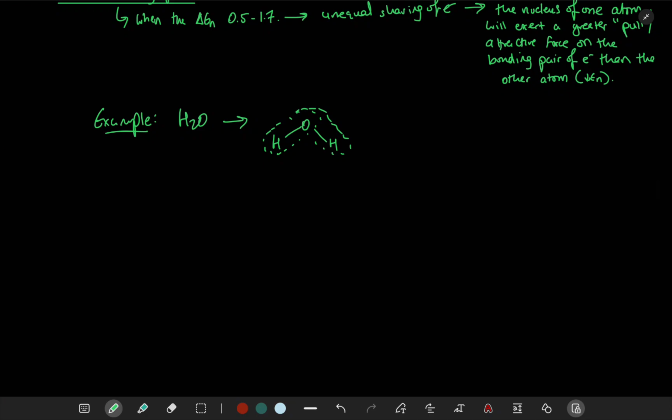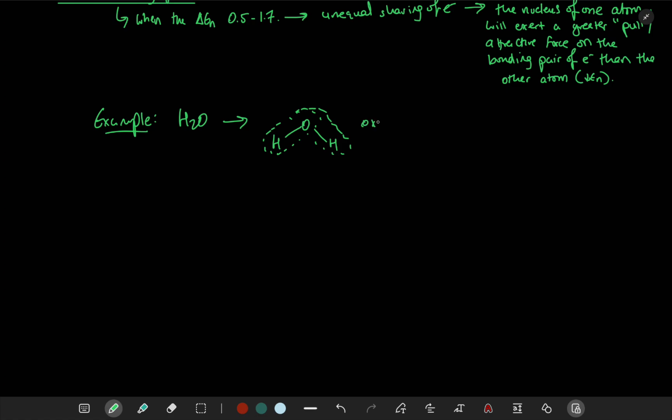In the hydrogen-oxygen bond, you have two atoms involved in the bond, and in this case, they're not identical because you have oxygen and hydrogen, and the difference in electronegativity between oxygen and hydrogen is about 1.4.